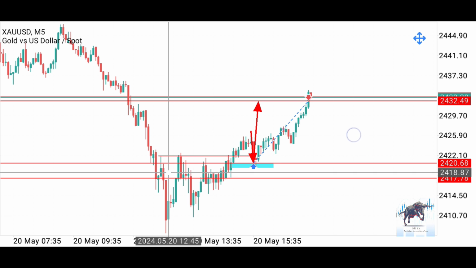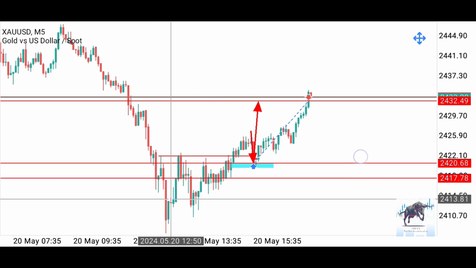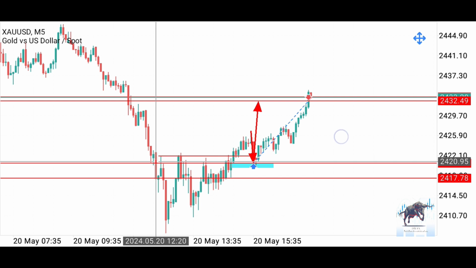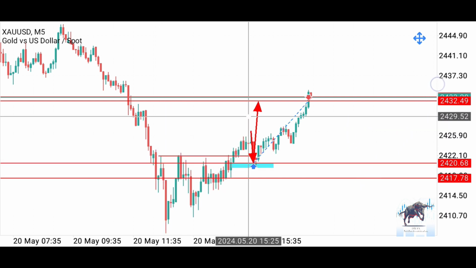What we want to see, after price has approached equilibrium, is the last lower high printed and taken out, in an instance where we want to be buyers in the market and be part of the larger trend, the higher time frame trend.